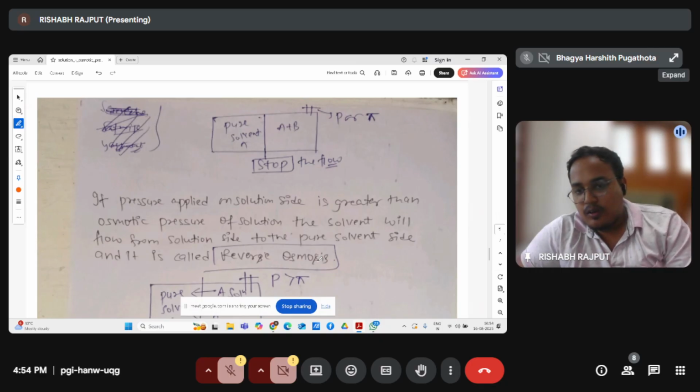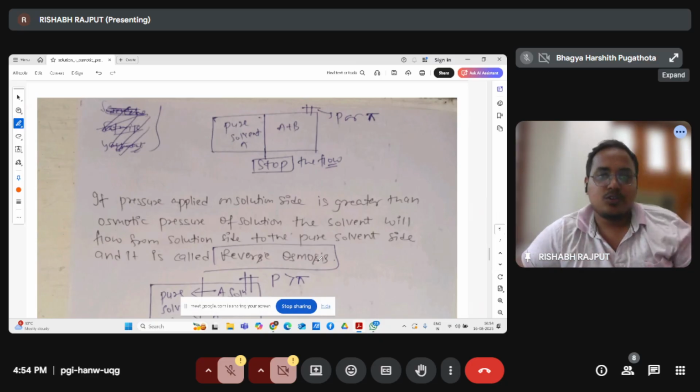What is the meaning of reverse osmosis? When you apply pressure more than the osmotic pressure, your solution side pressure will be higher compared to the pure solvent side. That is why the fluid particles start moving through the SPM.